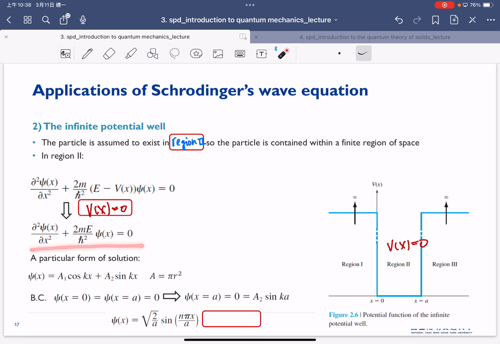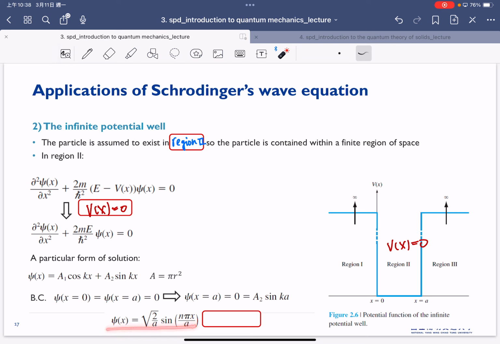And then the particular form of the solution is by considering this one here. And of course, with a certain boundary condition, that phi x equal to 0 at x equal to 0, and phi at the place x equal to a should also be equal to 0 here. Then we can start to solve this one, and then phi x will become like this.